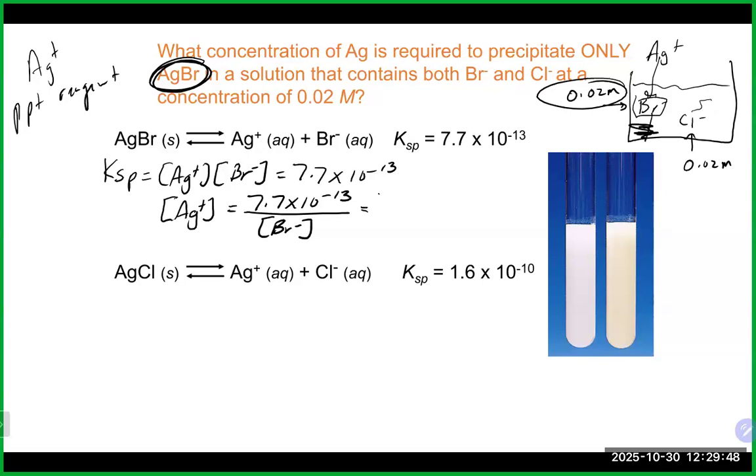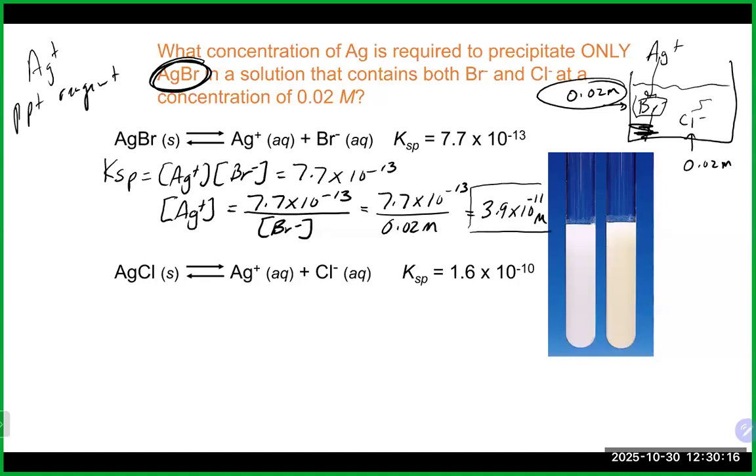So if I pop those in, we will end up with a silver concentration of, we'll call it, 3.9 times 10 to the minus 11 molar. So 3.9 times 10 to the minus 11 molar.